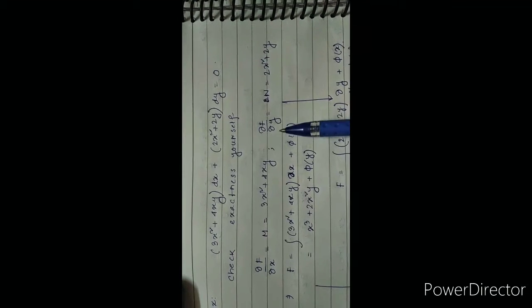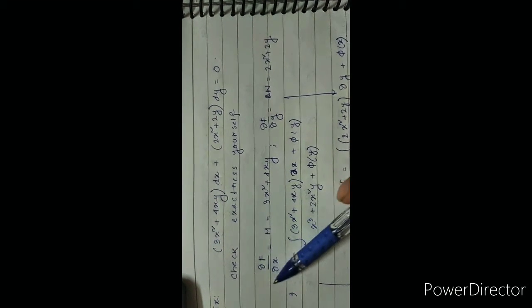Now if you ask me why, or what is phi of y: remember, you have differentiated it partially. So if there is y, you have treated it as constant. So whenever you integrate, or you do the reverse operation, this type of function can come, because this type of function, if you differentiate it, will become 0.